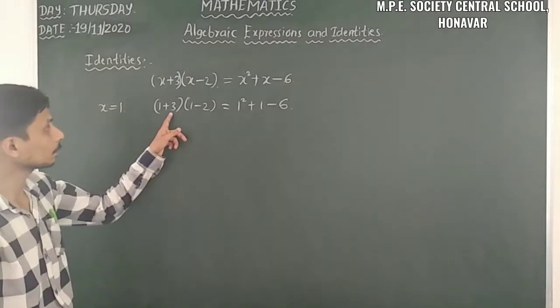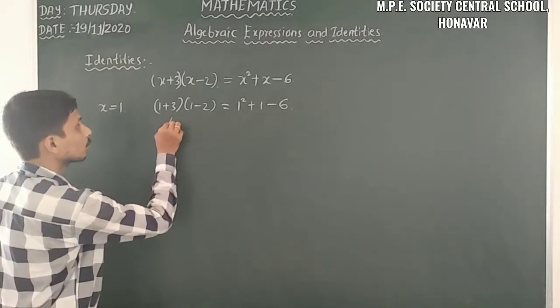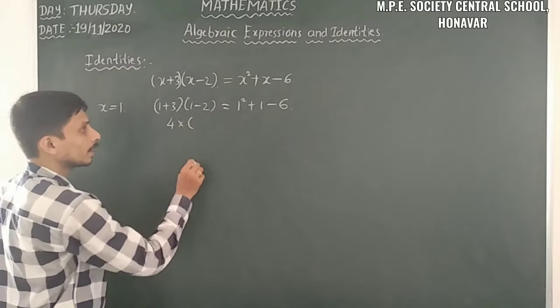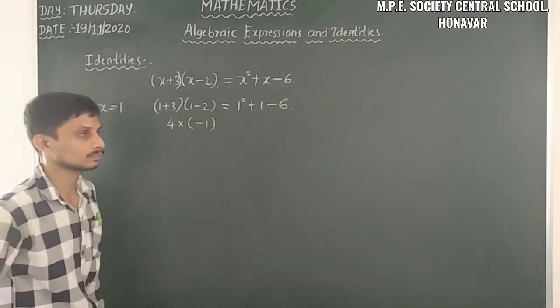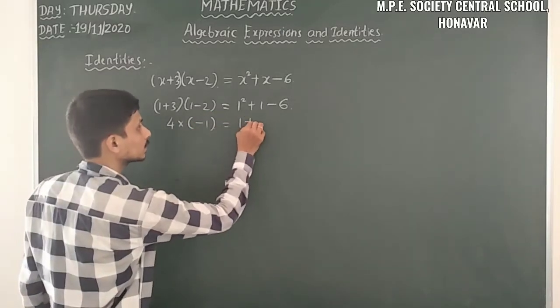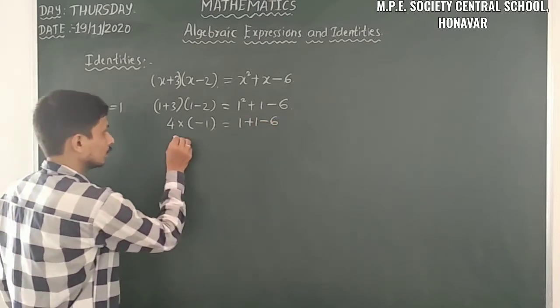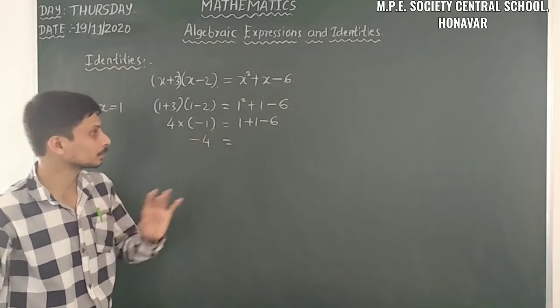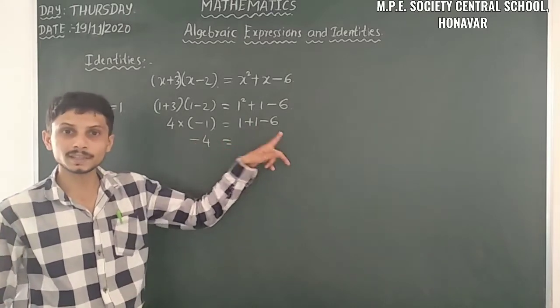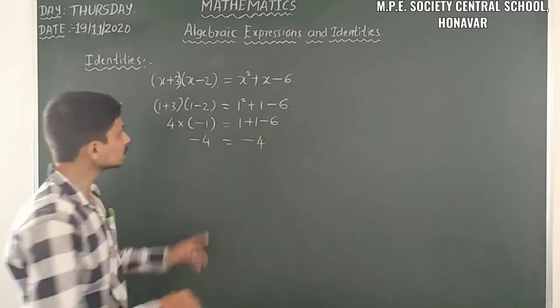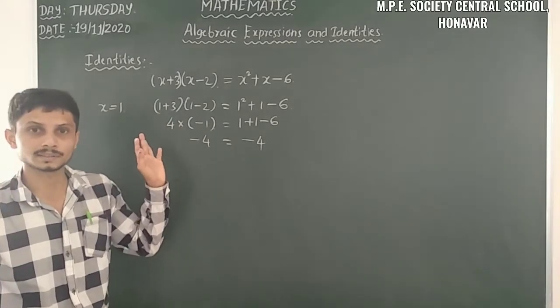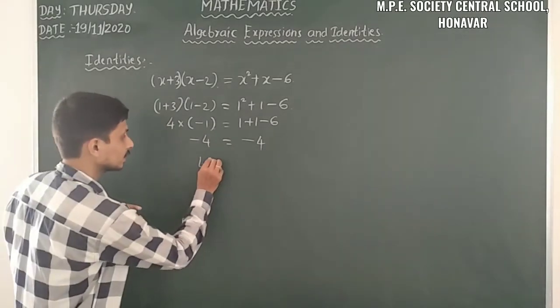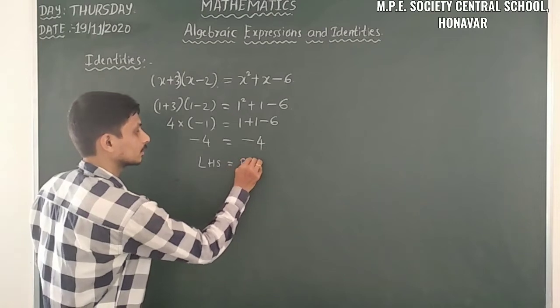Here 1 plus 3 is 4, into 1 minus 2 which is minus 1, so minus 4. On the right, 1 plus 1 is 2, 2 minus 6 is minus 2... Just observe, LHS is equal to RHS.